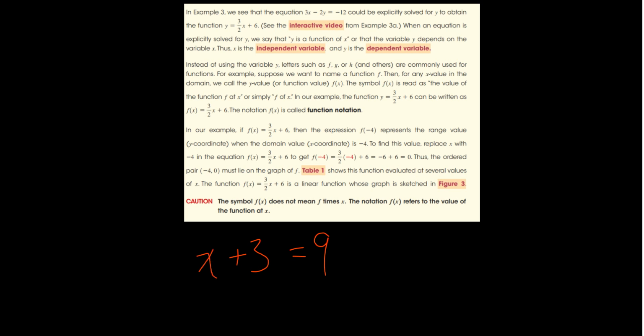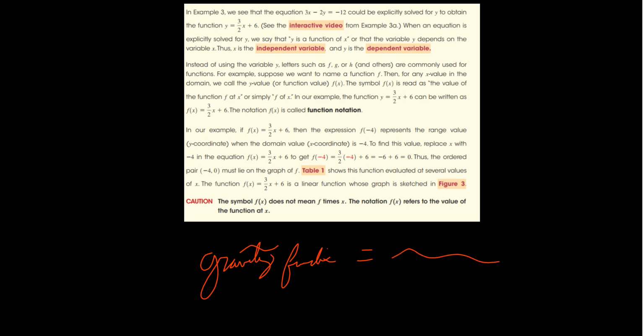Same thing with the function here. Instead of calling this function just any name, like gravity function, instead of saying gravity function is equal to something, all we have to do is say gravity function is big G of x.